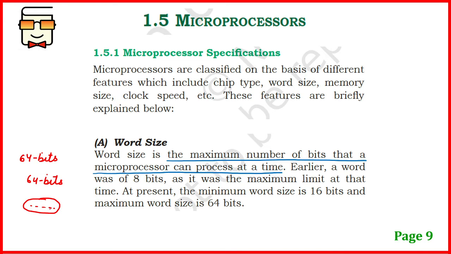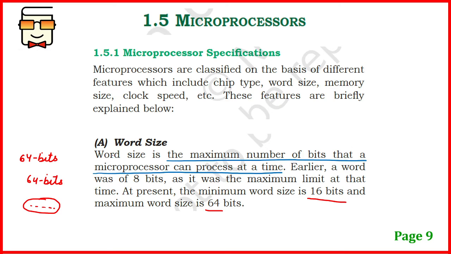The more bits it can process at the same time, the better. But today the word size has a limitation. As of now, the minimum word size available on computers these days is 16 bits and the maximum is 64 bits. That is why there is a configuration of a 32-bit computer or a 64-bit PC. That is actually the word size.